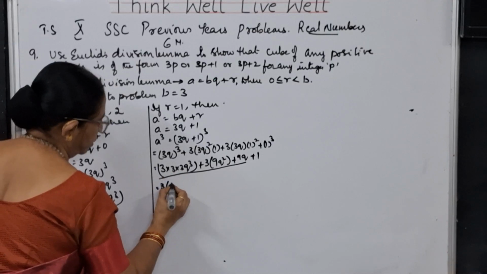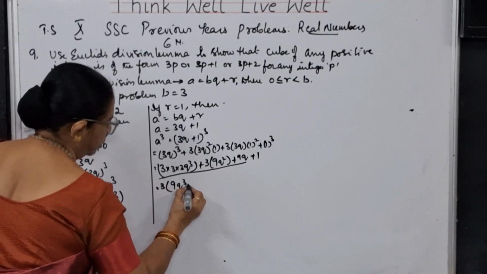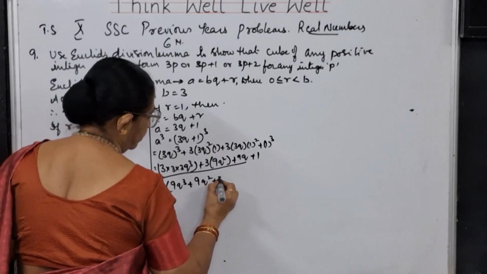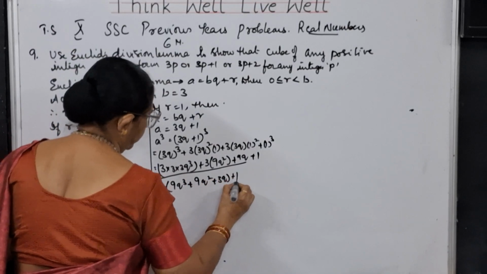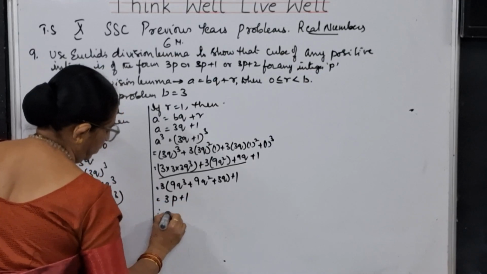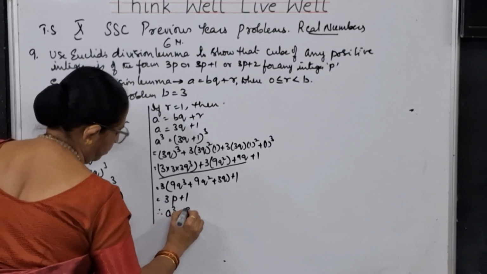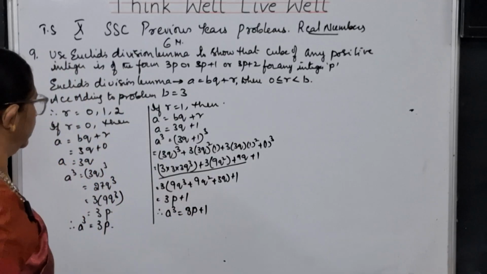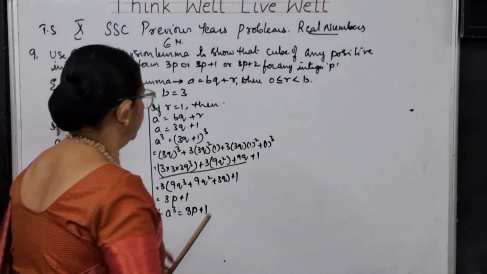So here 3 is taken out: 9q cube plus 3 is out, 9q square plus 3q plus 1, that is equal to 3p plus 1. Therefore, a cube is equal to 3p plus 1 is the second one, if r is equal to 1.